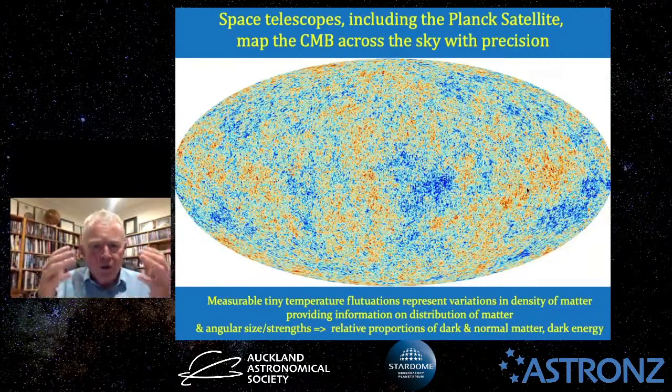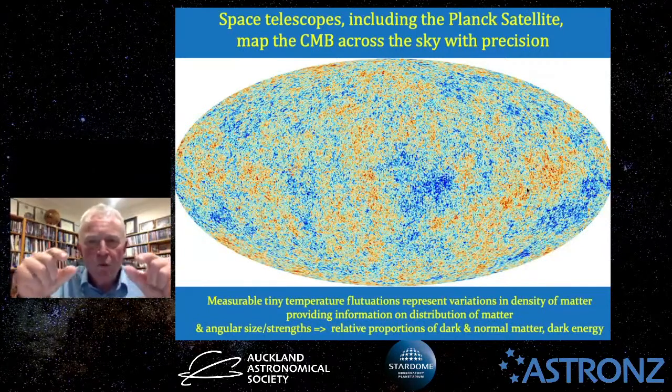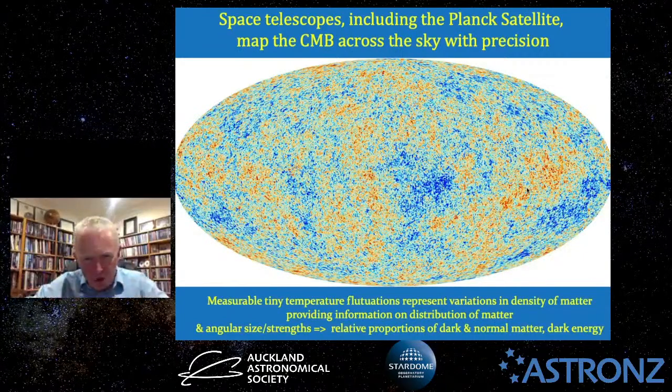What all those specks refer to are tiny fluctuations in temperature, which in turn reflect tiny variations in the density of matter in the universe when it was 380,000 years old. So what you're looking at is the very first photons that were free to travel through the universe when it was only 380,000 years old.